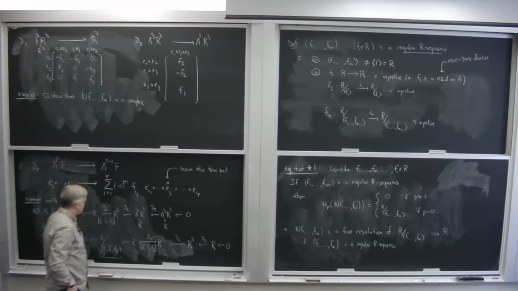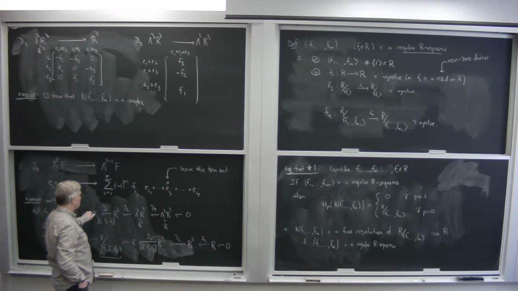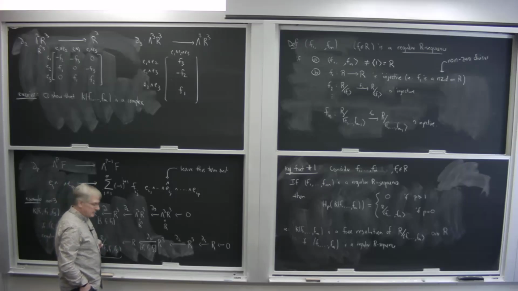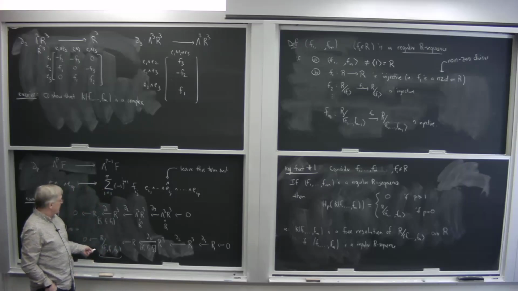So on the board that you're pointing at, the first sequence is non-exact at that term. Exactly. But then when you take homology of that, by adding an extra term of R mod the ideal, that becomes an exact sequence and is a free resolution of R mod the ideal. That's right.